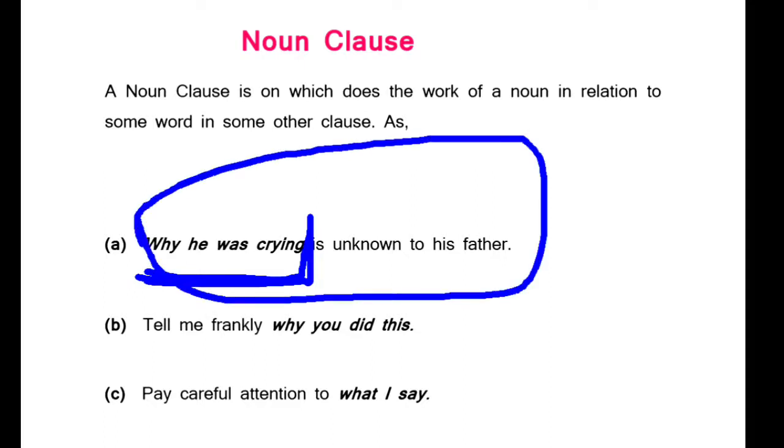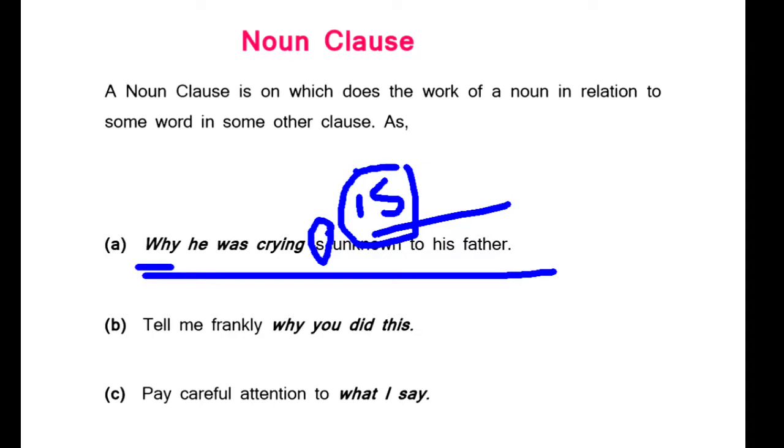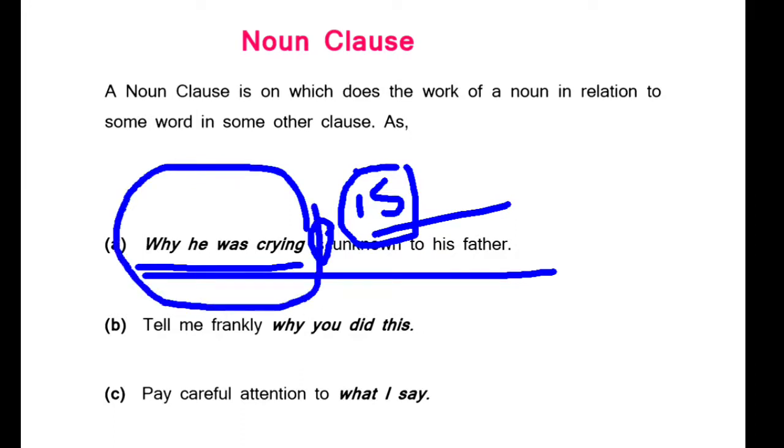"Why he was crying" is the subordinate part, and this subordinate part is the subject of the whole sentence, because you can see that the main verb is "is", and the subject of this verb is the whole subordinate clause, "why he was crying".